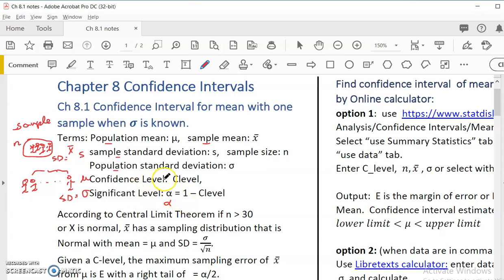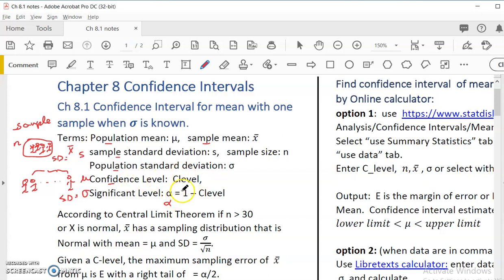So confidence is the opposite of significance, what is likely to happen, what can occur by chance, not unlikely. So we say confidence, that means I'm confident that they will happen because they could have occurred by chance. So the probability that it is going to happen is the confidence level.